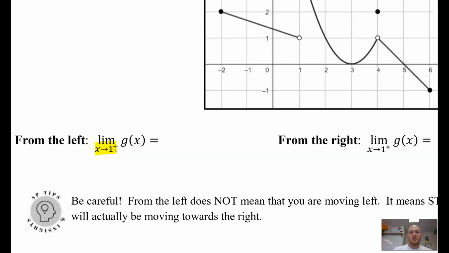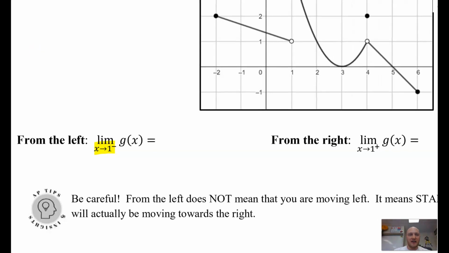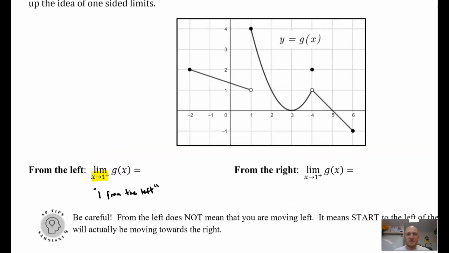So here we say the limit of g of x as x approaches 1 from the left. That's what that negative sign means. From the left, as I approach 1, my y value is 1. So the answer would be 1. Second example, from the right.